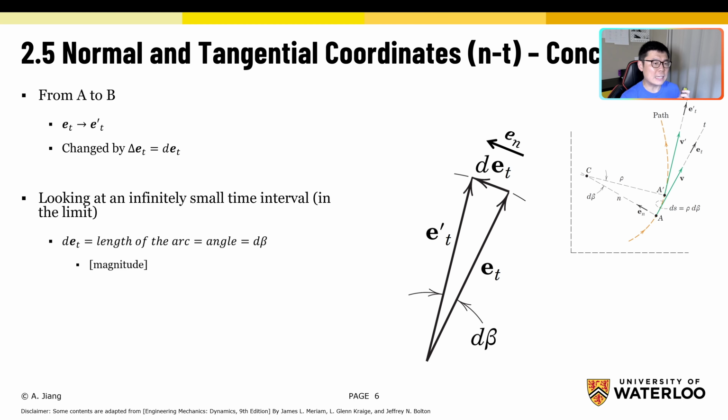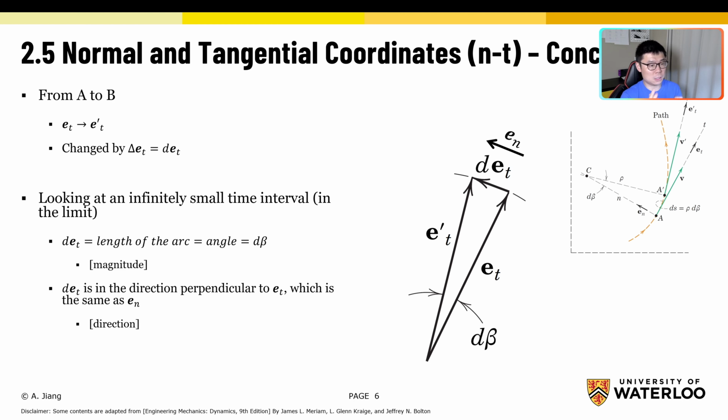Looking at an infinitely small time interval, the d et is equal to the length of the arc because it's so small, which is a change in angle d beta. Also, for this super short time interval, the direction of d et can be considered as perpendicular to et.